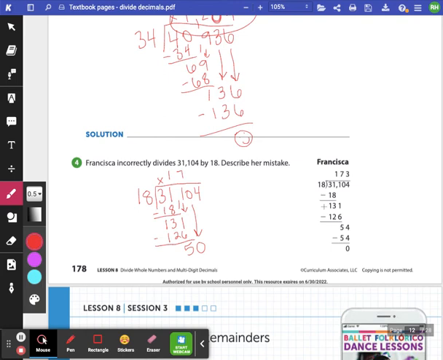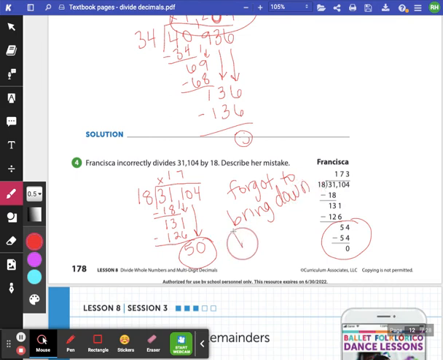Now I can already see, because I'm continuing to check what Francisca did, that everything's the same until this point. She has 54. I have 50 because I brought down my 0. Francisca forgot to bring down her 0.